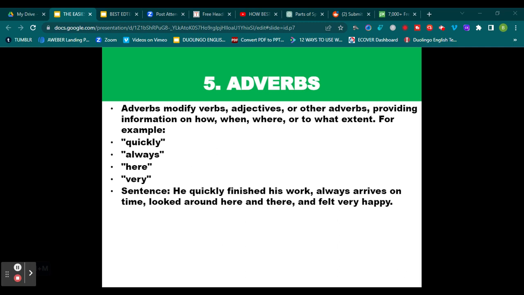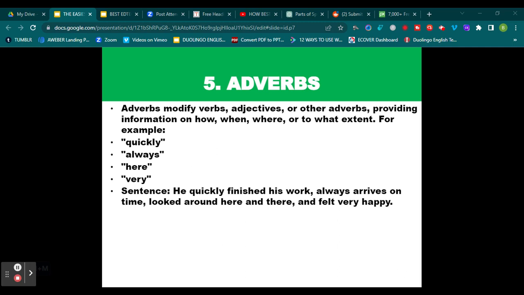All right. So those are adverbs. They tell us how or when or how often something is done or something happens.